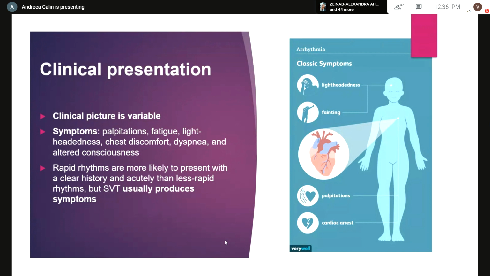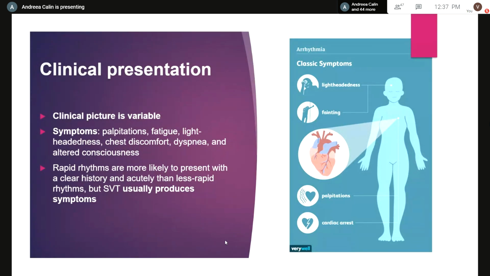The clinical presentation varies in all cases, because the symptoms may be very light or the patient may be asymptomatic. The patient feels palpitations, he may be feeling dyspnea at exertion or lightheadedness in the episode of palpitation. They may feel a sensation that seems like angina or chest discomfort, and in severe cases, they can present with altered consciousness, and in extreme cases, with cardiac arrest.